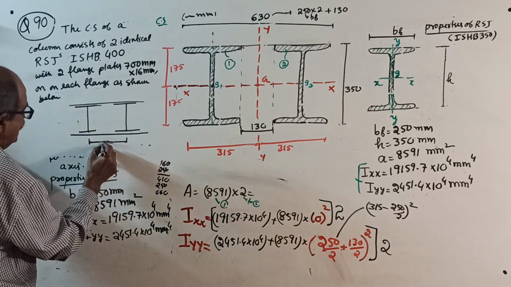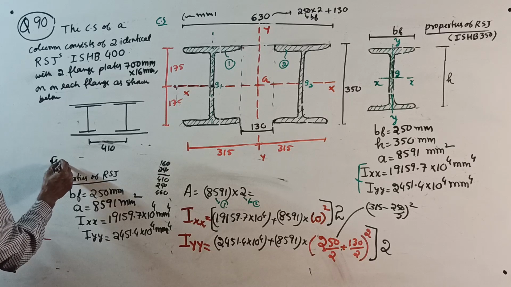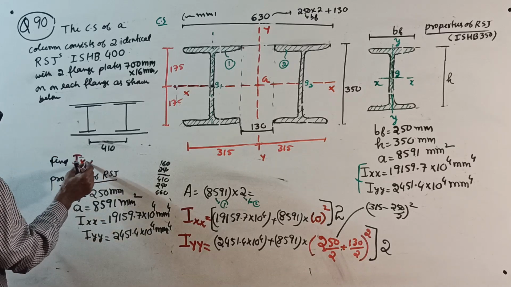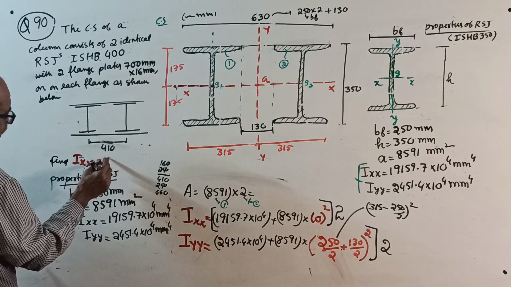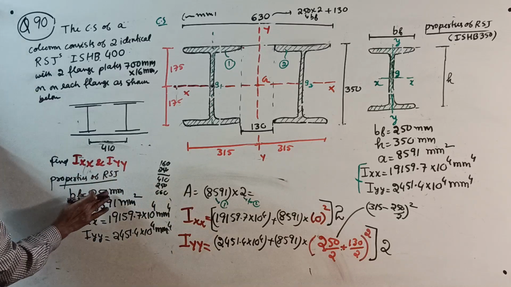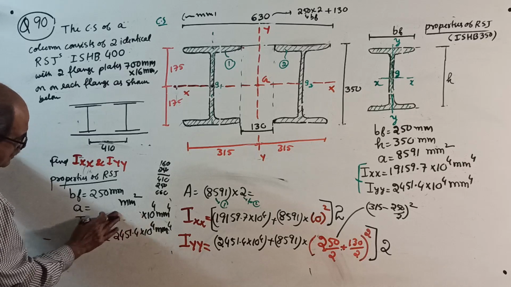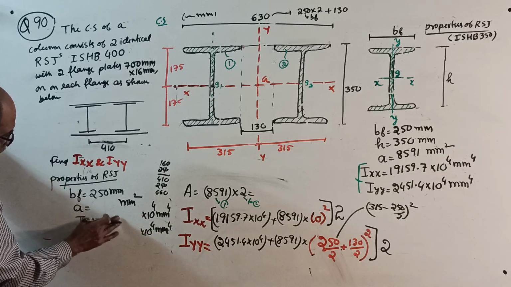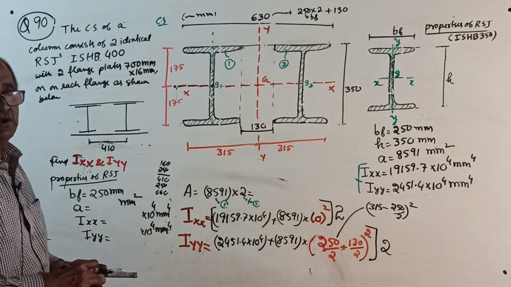To save time, find IXX and IYY, that's all. And for the RSJ, properties are given here. I have to refer to the steel table or handbook and give it. First I'll write from the handbook, I'll copy the values, then I'll give the question for you. Okay, I'll make ready.